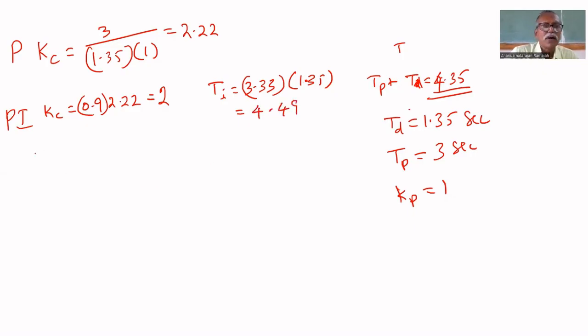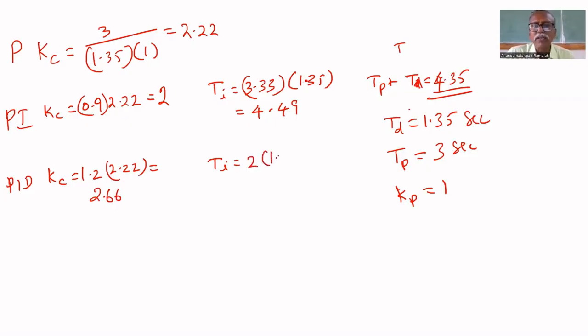For the PID controller, the tuning parameters are Kc equal to 1.2 times 2.22. How much? 2.66. Ti equal to 2 times the dead time 1.35, therefore 2.7. Td equal to what? Td equal to 1.35 divided by 2, which is 0.675. Am I correct?